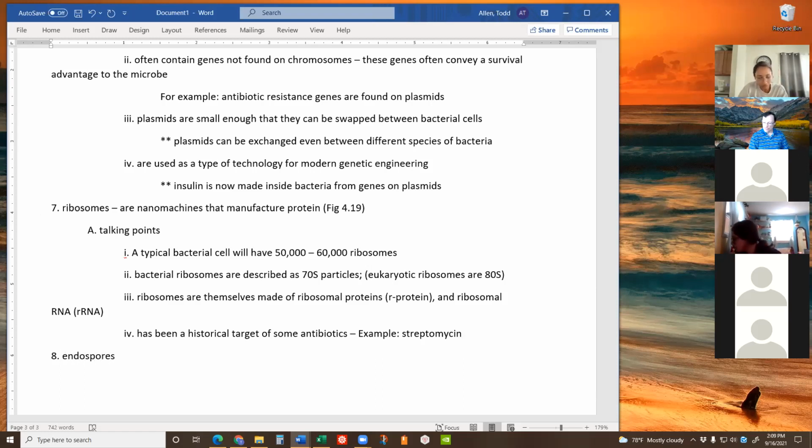Okay, so let me define it, then I'll give you some talking points. Endospores are extremely durable, tough, dehydrated cells that actually live inside other cells. I mean, they are created inside other cells, and then the mother cell will die away, and you will just have this very tough, dehydrated cell that's almost in a hibernation state, kind of like a hibernating bear.